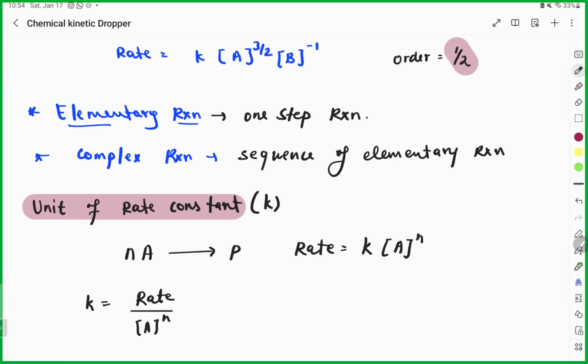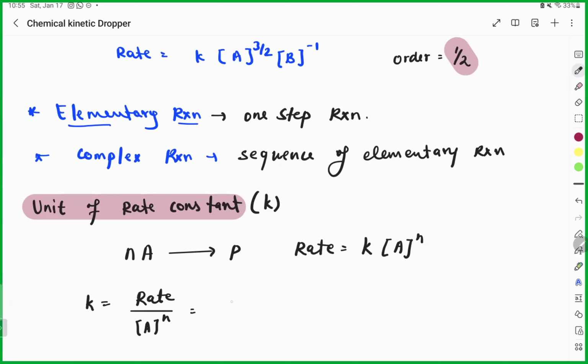So if this is the situation, you know what is the unit of rate? Mole per liter per second, correct? Yes or no? Mole per liter per second.